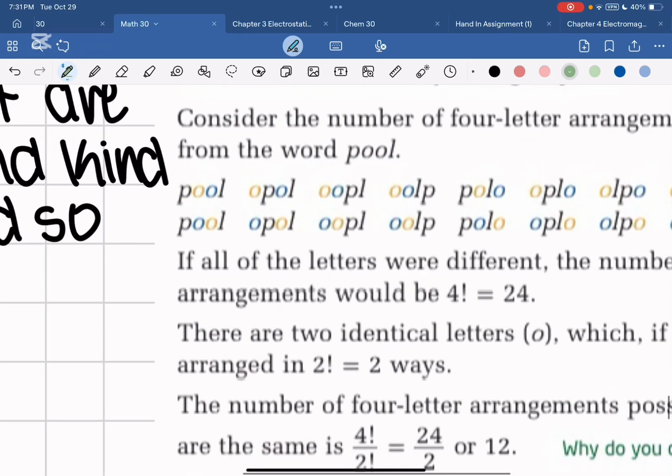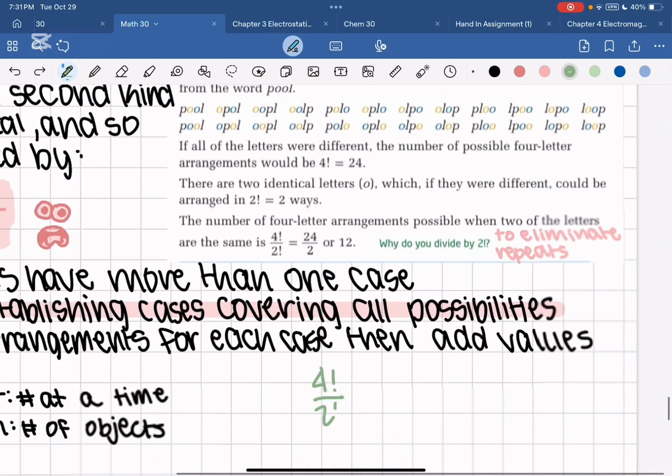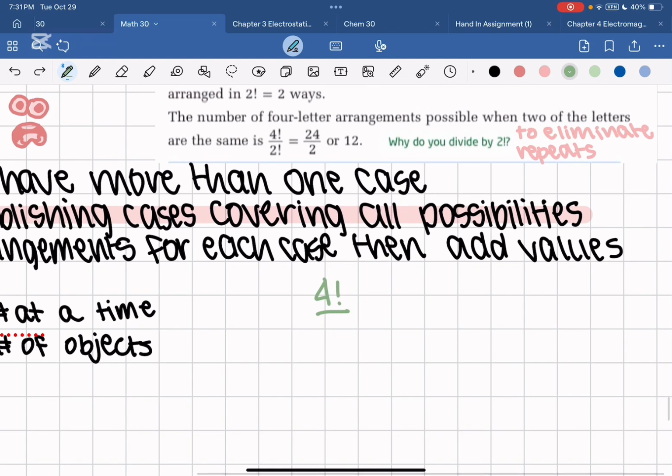Let's say there were 3 O's. How you would do that is you would do 4 factorial divided by 3 factorial. So this will be the total amount of letters that you have, and this will be the total amount for the repeats.